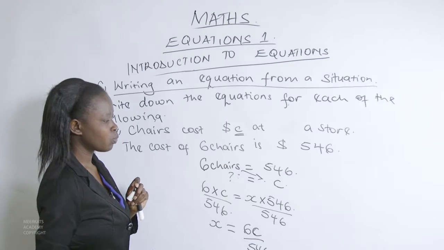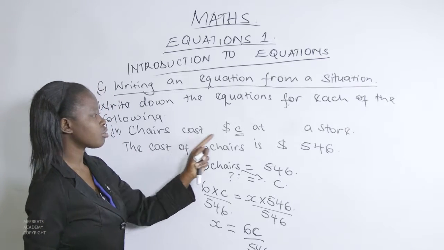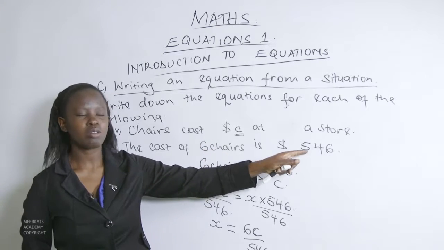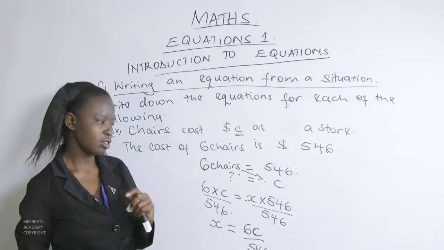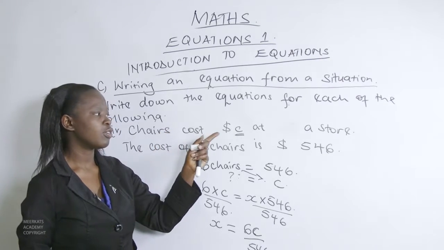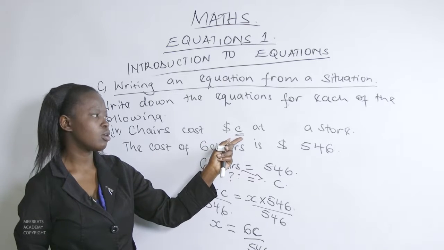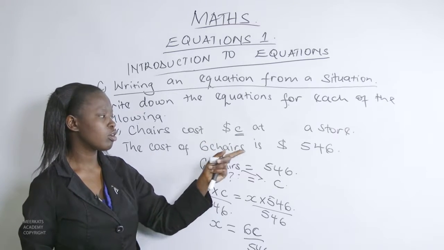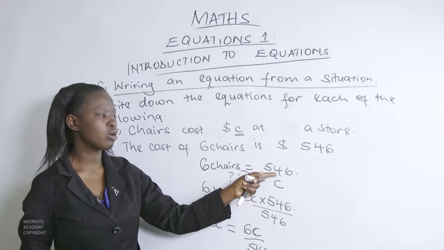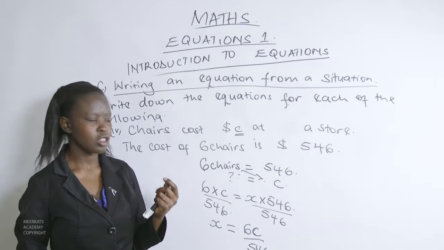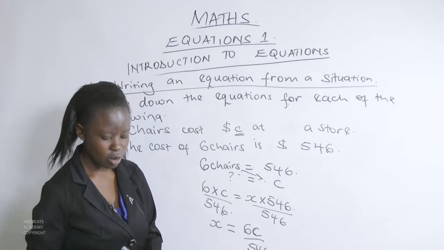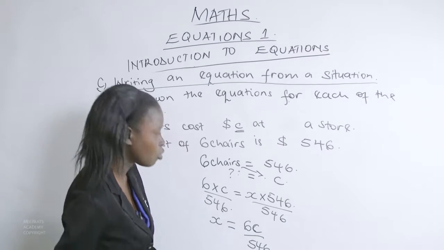So we have the cost of chairs in a given store, but 6 chairs in that store will cost 546. We need to find out how many chairs are in this store. If the total cost of the chairs is $C, the total cost of 6 chairs is 546. So 6 chairs will cost us 546 shillings. What about the $C? How much is it going to cost us?